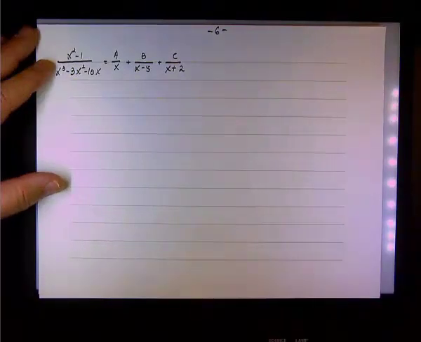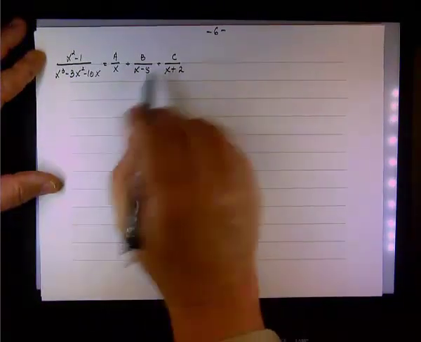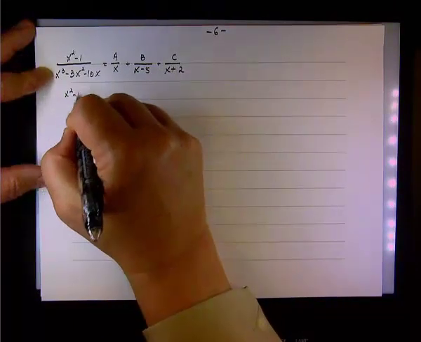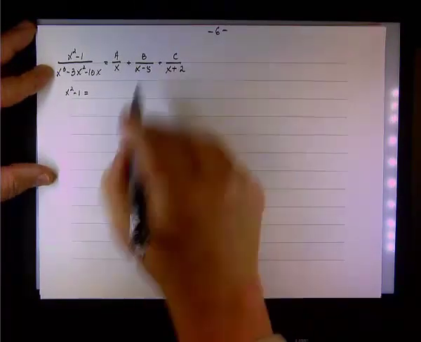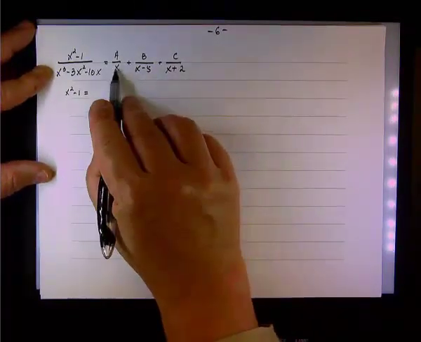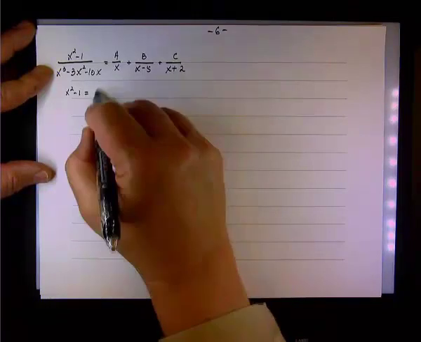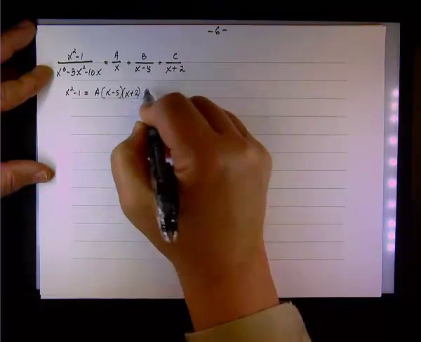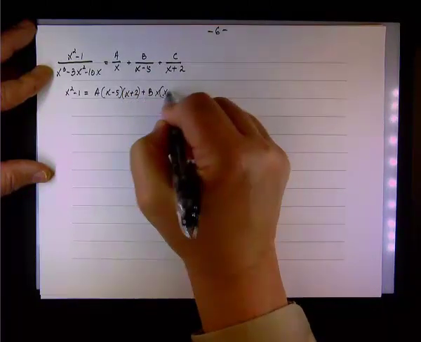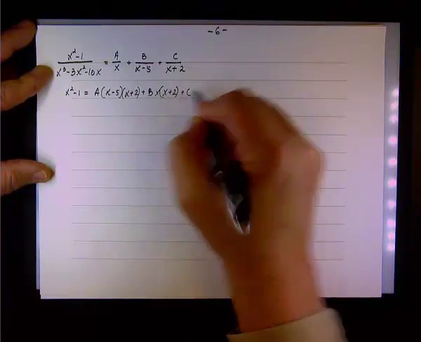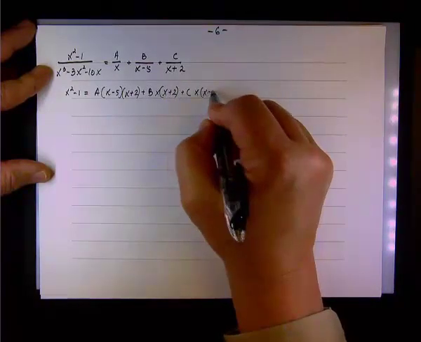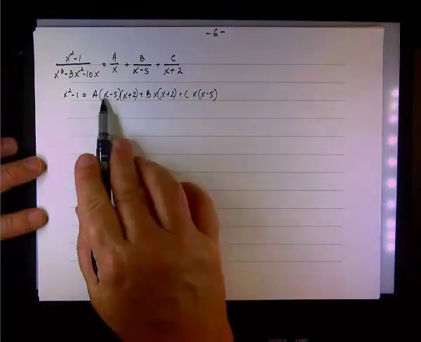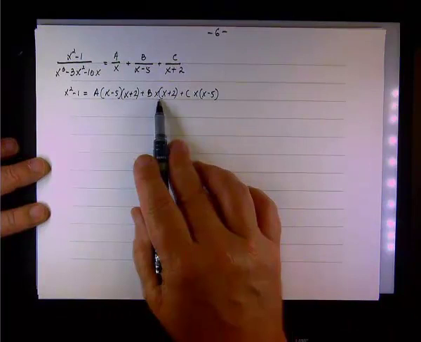ABC, ABC. Okay, so ABC, in this case, we don't have to go through solving a system, as you see, because we have 3 distinct linear factors. You may remember that I said that in this case, there is a shortcut. Let's first write it out. Since A is divided by x, we're going to multiply A by x minus 5 and x plus 2, B by x and x plus 2, and C by x and x minus 5.